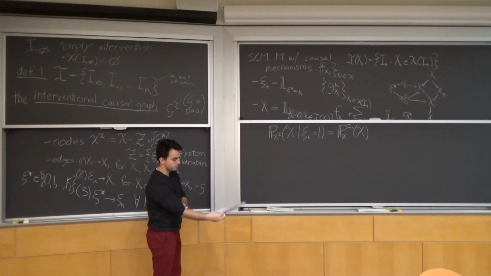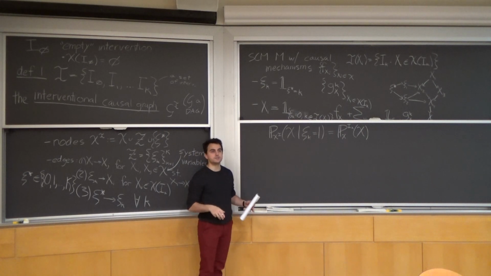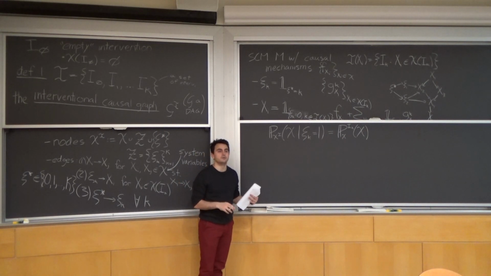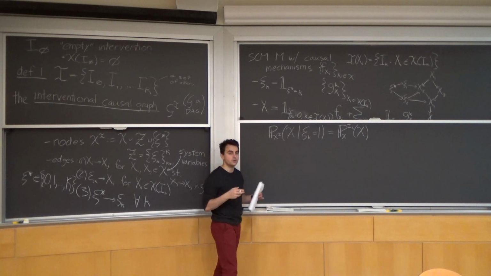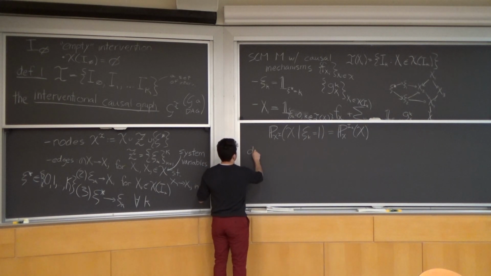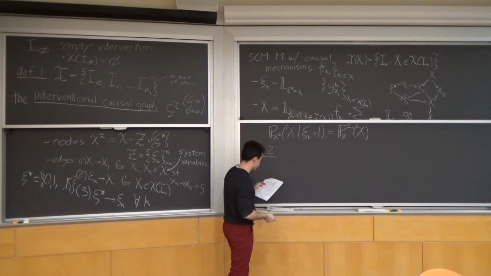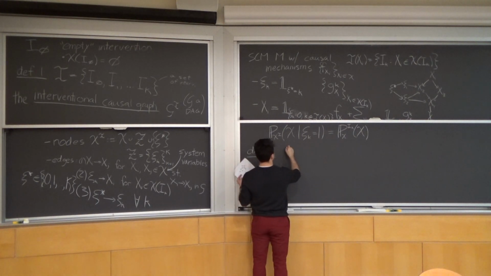Okay. So now we'll transport all of our notions that we had for identifiability from just observational data onto interventional data. In particular, we can define an interventional version of Markov equivalence, which we'll call I-Markov equivalence.